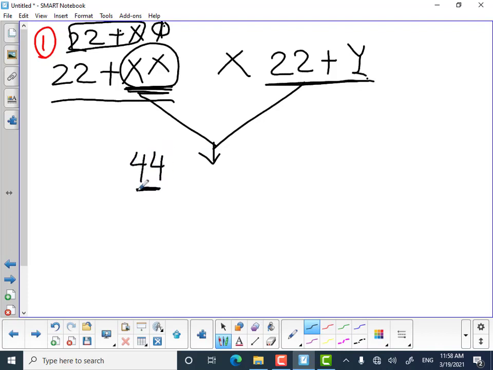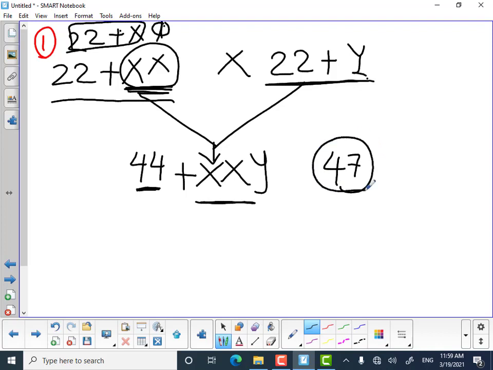It is 44 normal somatic cells. All the somatic cells will be normal in number, but the sex chromosomes will be abnormal: X, X, Y. This baby has 47 chromosomes, 44 plus 1, 2, 3. 47 chromosomes.